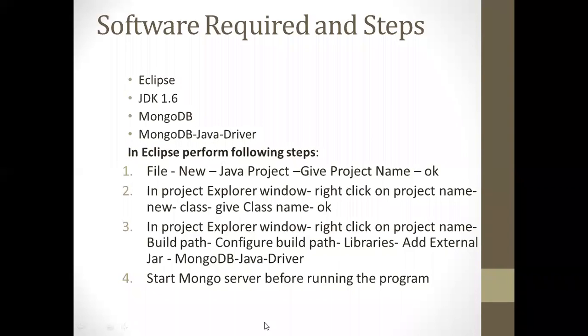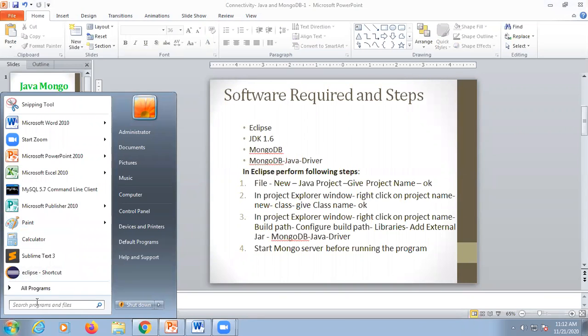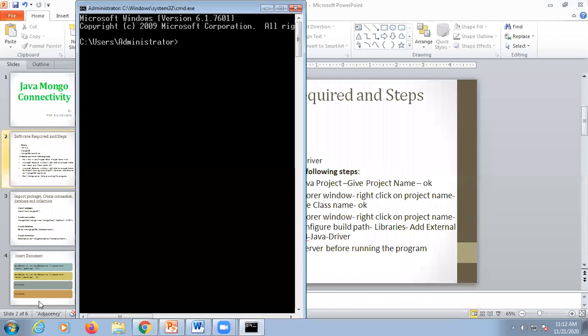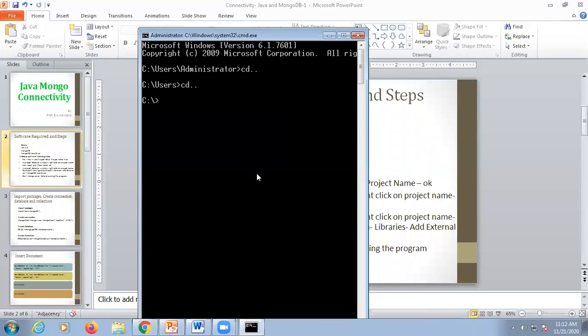Now in Eclipse, you have to follow these steps. I will directly show you how to do that. But before running a program, you need to start MongoDB. So first, go to the command prompt. As I have installed MongoDB, here I am using cd MongoDB, then cd bin.